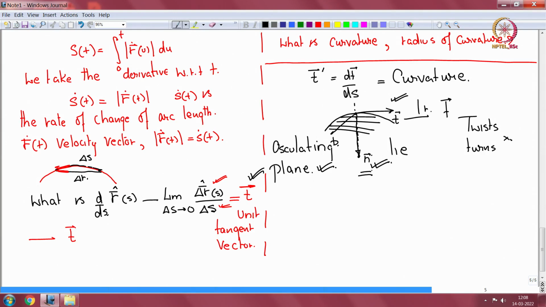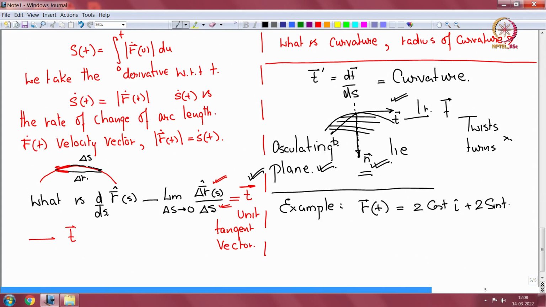Now before we do that, let me take a similar simple example so that you are convinced. The example is a simple circular curve, r equals 2 cos t i plus 2 sin t j plus 0 k.